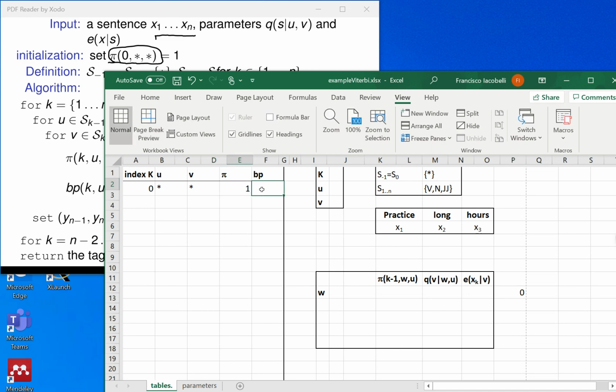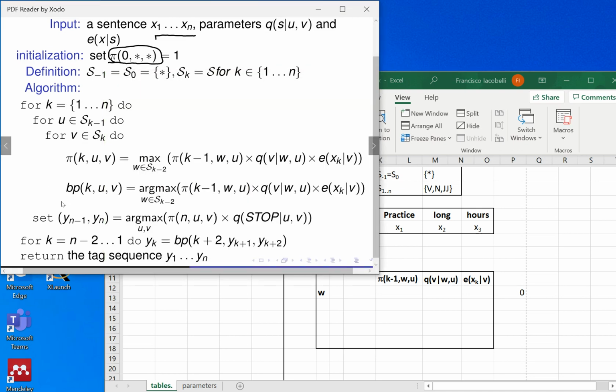As you can see, I have a BP value here because later in the algorithm we're going to use that BP value of the same indices as pi. So I just prepare a data structure to hold this. And then I need variables to store the sets S-1, S0, which basically have one element, just the star, and the sets S1, 2, 3, which will store all our possible tags.